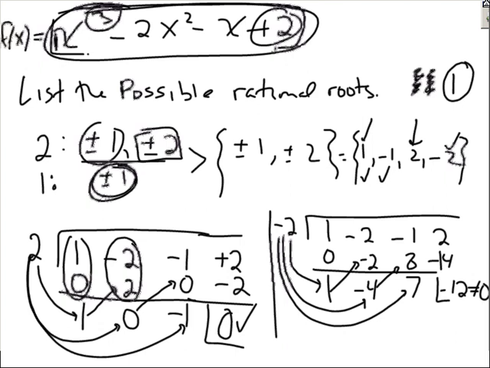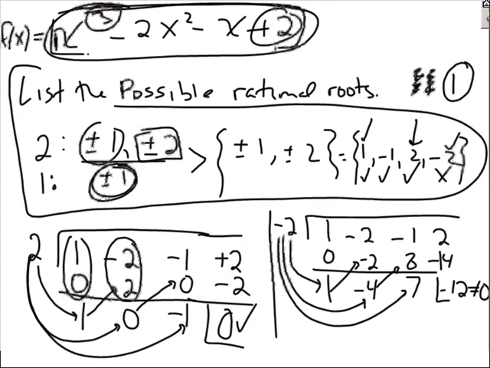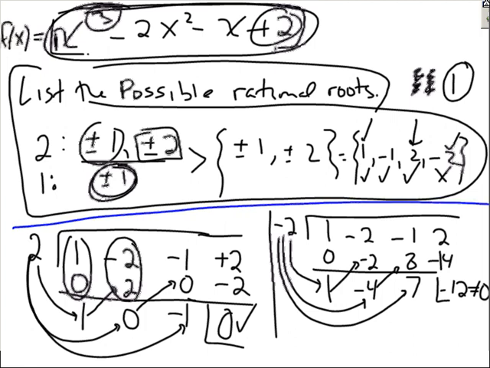Okay, so it turns out that 2 worked and negative 2 didn't work. You can only have 3 zeros. And we found them. So the instructions were to find the 3 zeros, and step 1 was to list them, and then below this line, the testing was done.